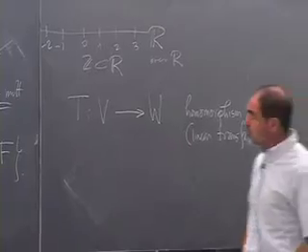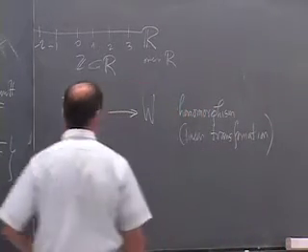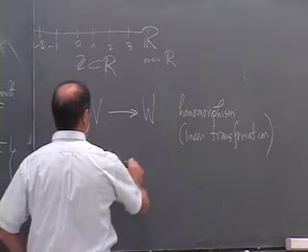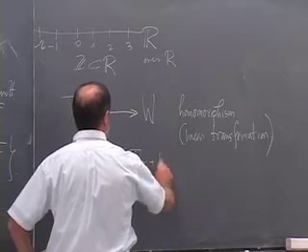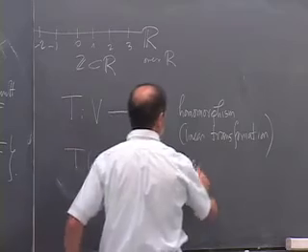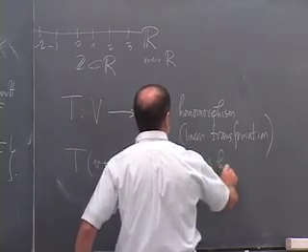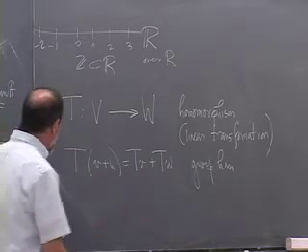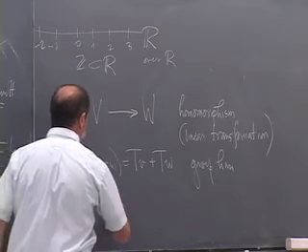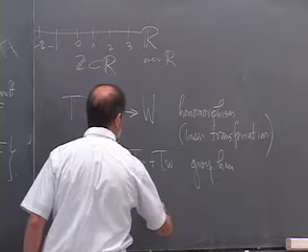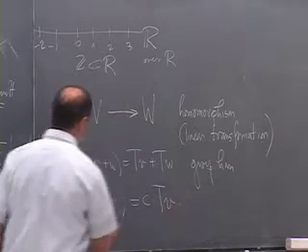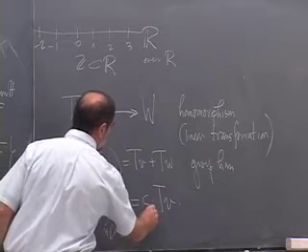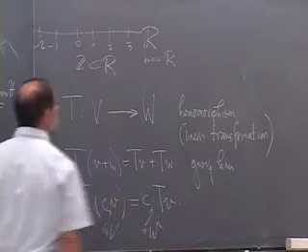It's a homomorphism provided, first of all, it's a group homomorphism: T of v plus w is T of v plus T of w. Takes the additive identity to the additive identity, takes inverses to inverses, and it commutes with scalar multiplication, where this scalar multiplication takes place in V, and this scalar multiplication takes place in W.